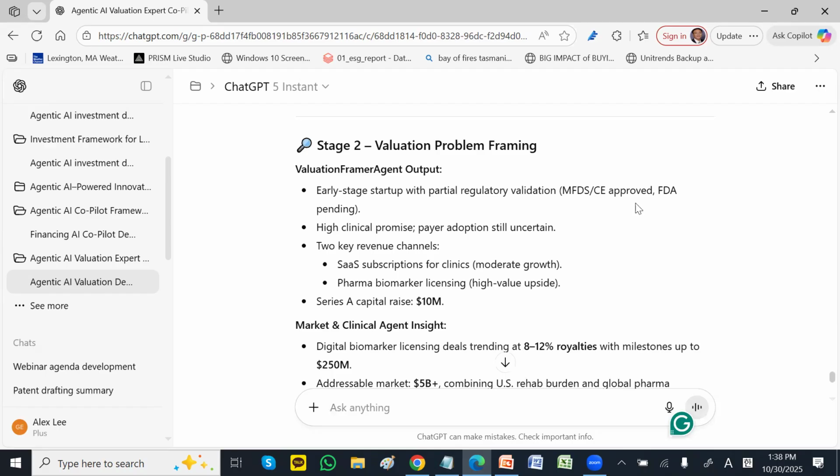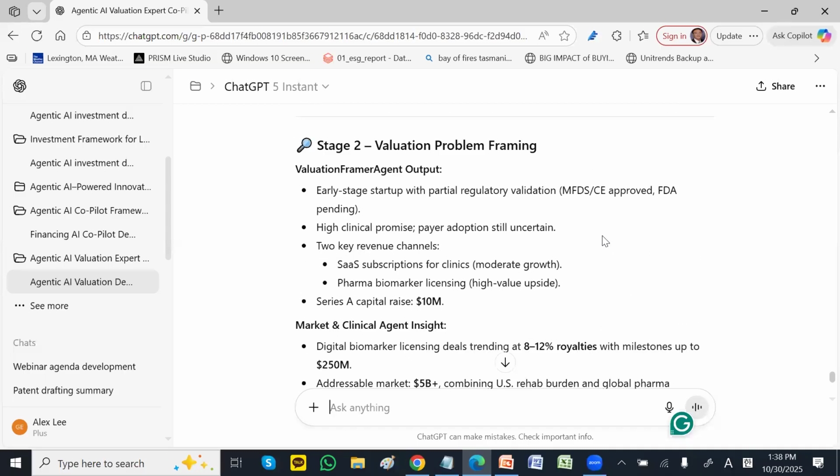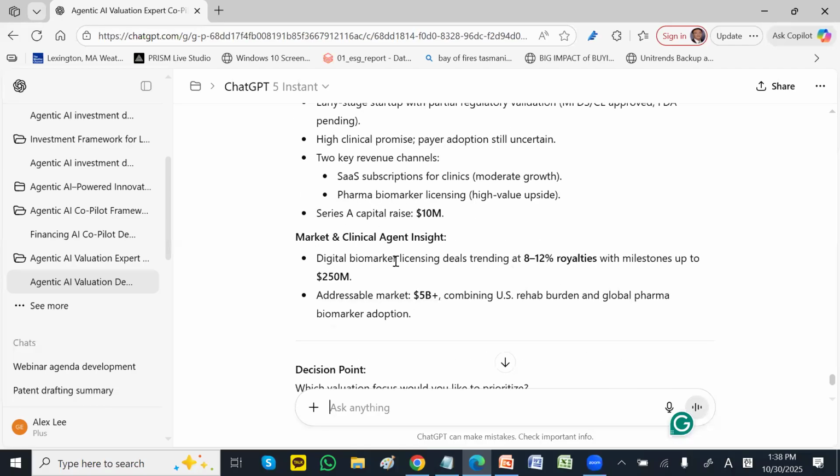MFDS is the counterpart of the FDA in South Korea, and the FDA is still pending, so there is something risky in the FDA compliance pathway, and they have a 10 million Series A.